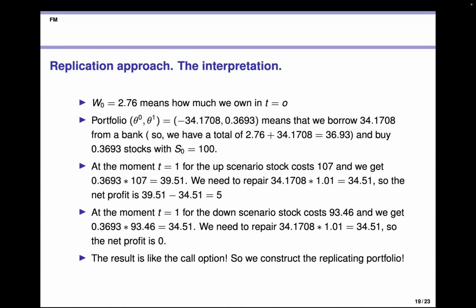And the interpretation: the initial portfolio, 2.76, means how much we own at the initial moment. It is your own money in your pocket, and you can buy a call option for this money, because it is the premium.